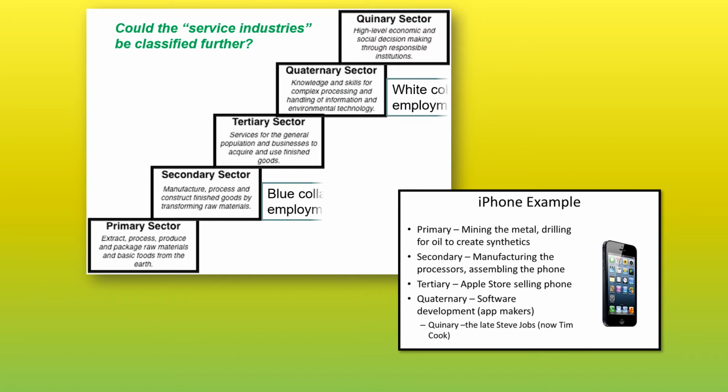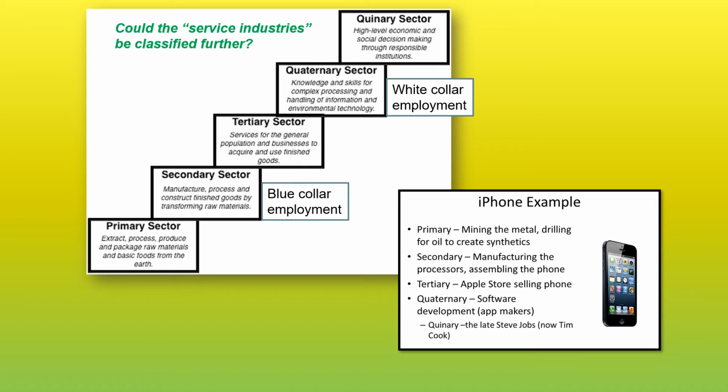Okay, here's an example from another source where I'll tell you about the quaternary and the quinary sectors. And here's an iPhone example. All right, for the iPhone example, what's the primary? Well, the primary would be the mining of the metals, and then it's plastic, so it's made out of oil.